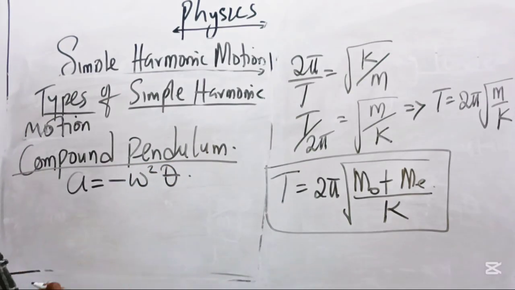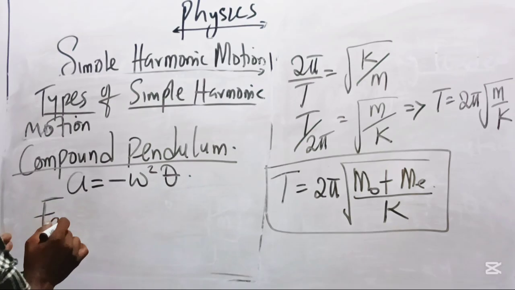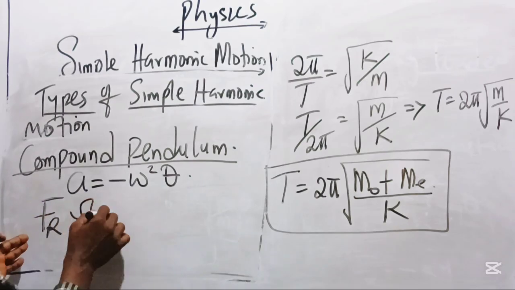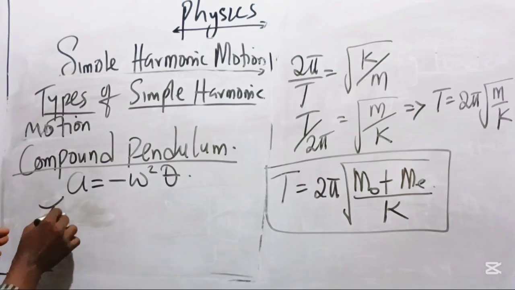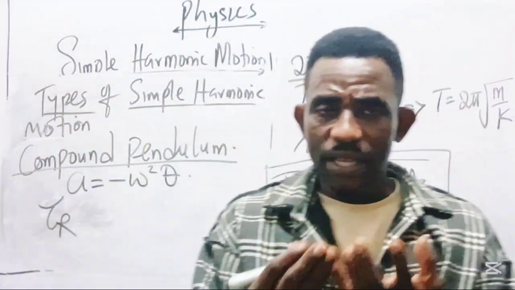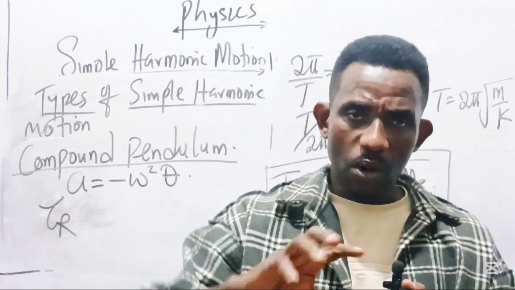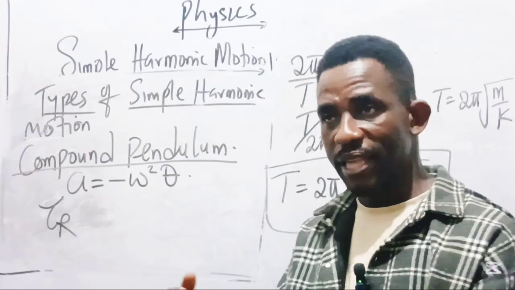So we will now say that in this case, the restoring force wouldn't be just restoring force. Rather, we are talking about restoring torque. In circular motion, the effect observed when a body is turned is called what? Couple. And now we have torque. When torque is applied, the effect is couple.